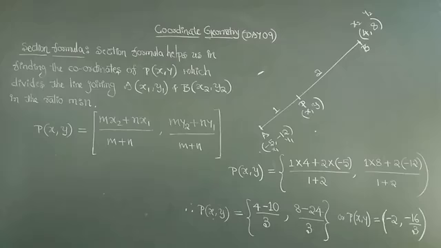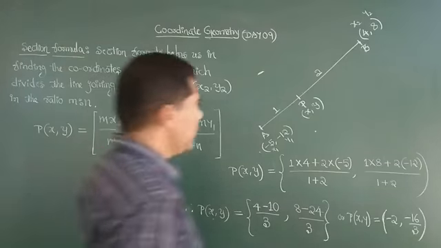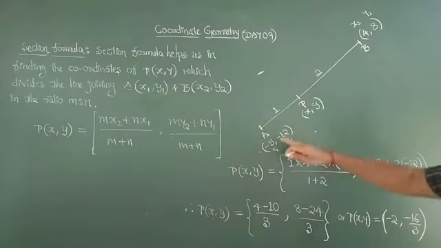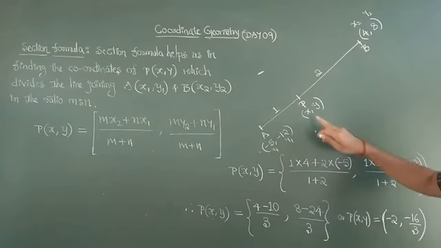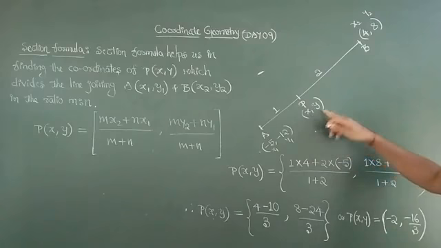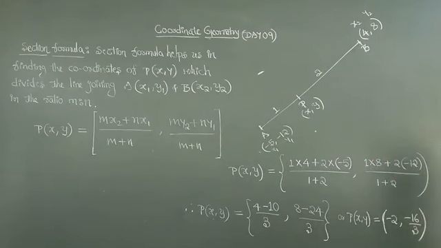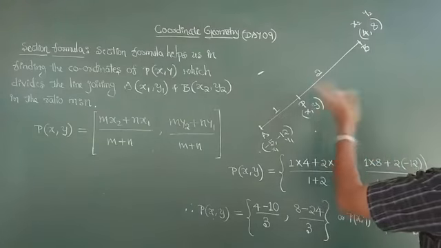Let us imagine, like what you are observing here, there is a line segment AB and a point P which has coordinates x, y on this line segment.